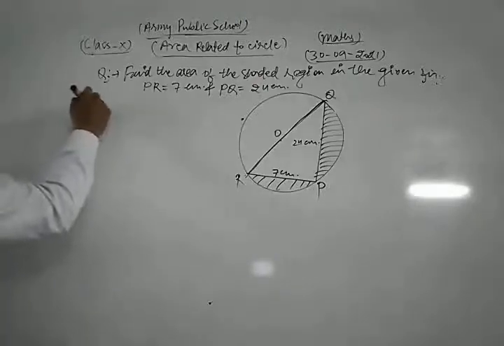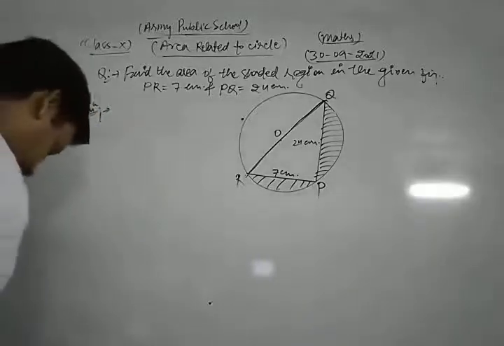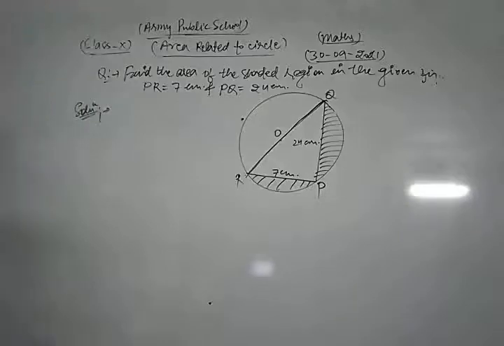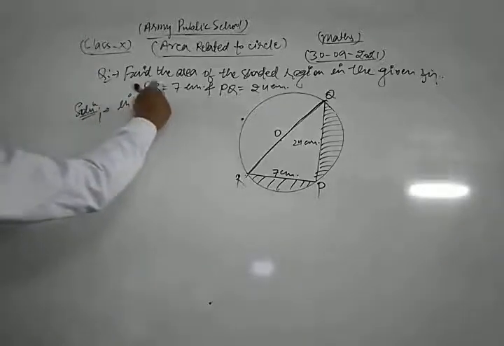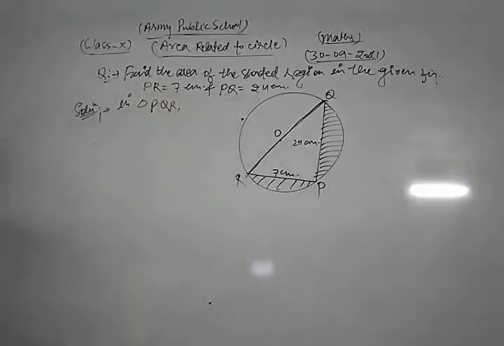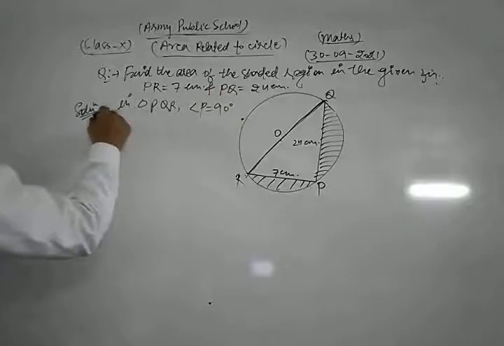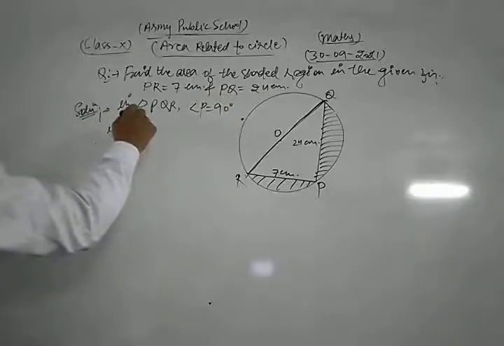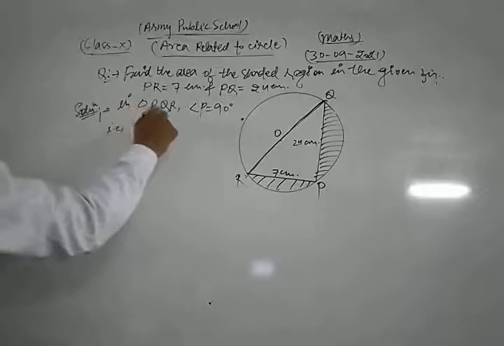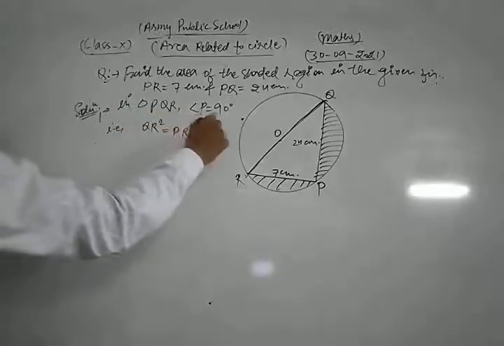Now look at the solution. From the figure, in triangle PQR, angle P is a right angle. That is, QR square is equal to PR square plus PQ square.